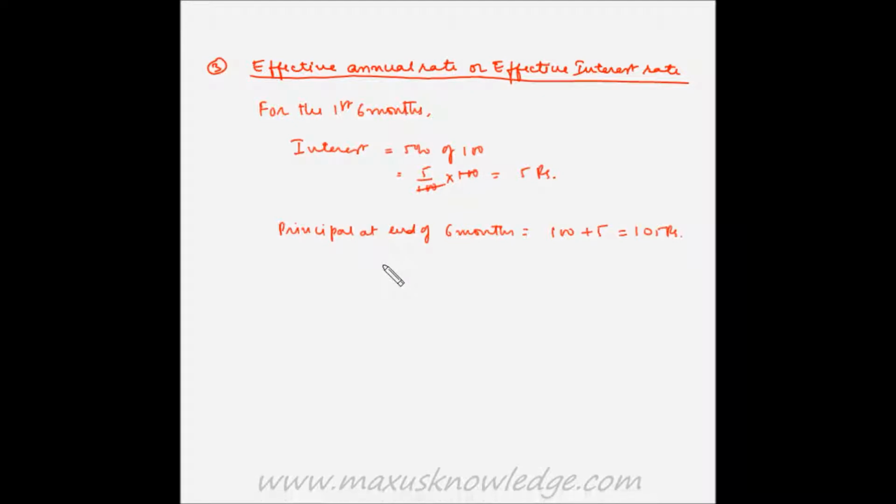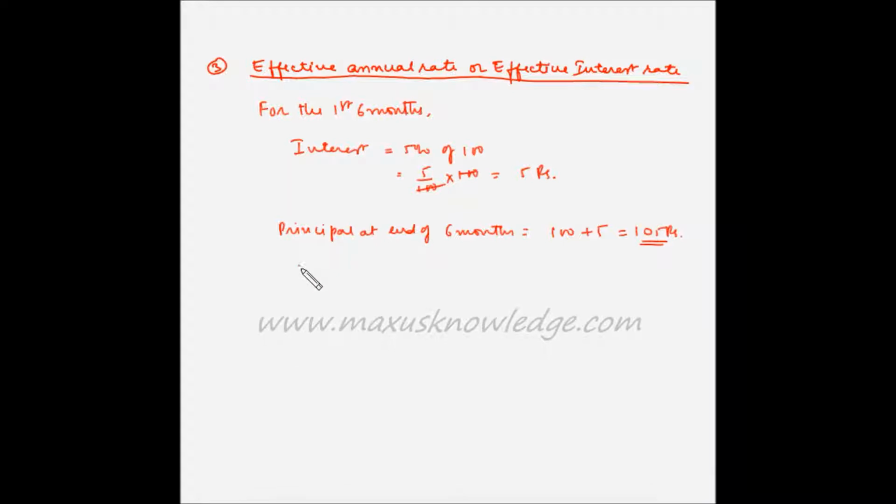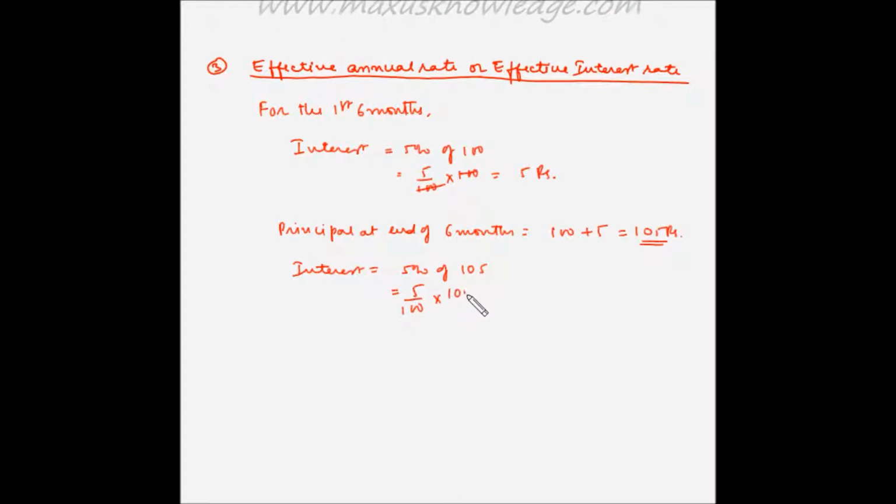So now for the next 6 months, you'll earn interest on this 105 rupees. So interest equals 5% of 105. So 5 divided by 100 into 105, and this will come out to 5.25 rupees. So at the end of 1 year, the total accumulation of interest will be equal to 5, which is this amount, plus 5.25, which is this amount, which is equal to 10.25 rupees.